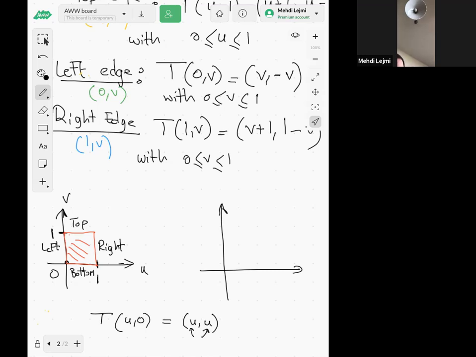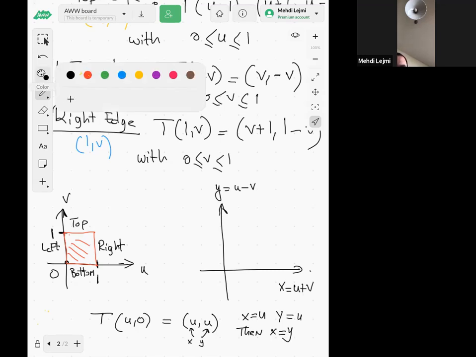Here x is U plus V, and y is U minus V. So x is equal to U, y is equal to U, so x is equal to y. Both of them are equal to U. So that will be this line here, the diagonal.